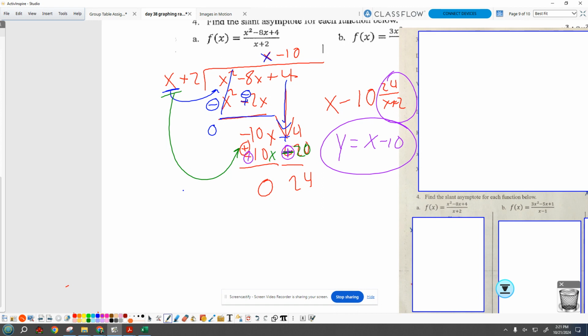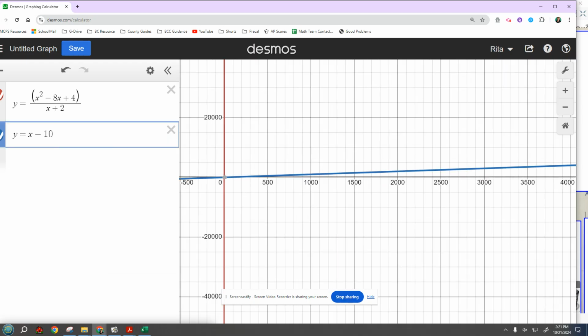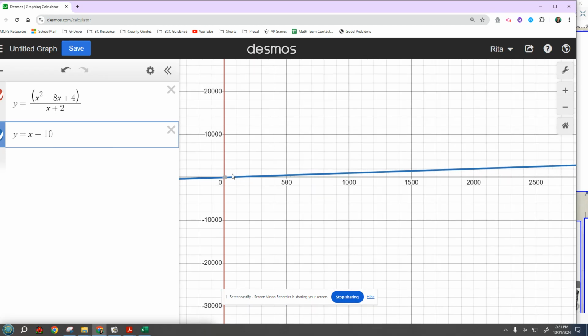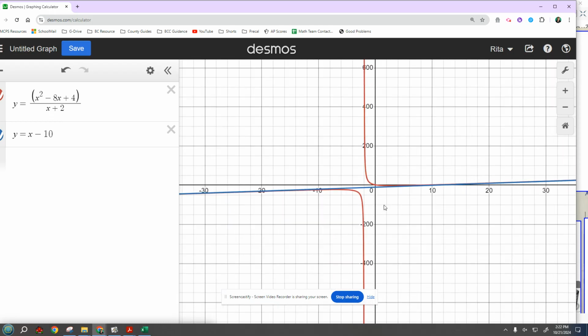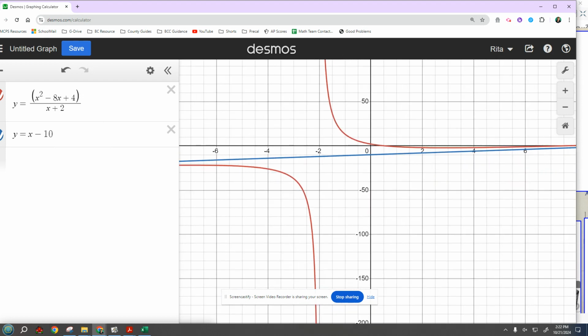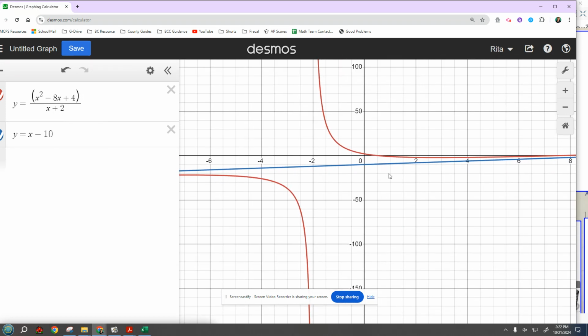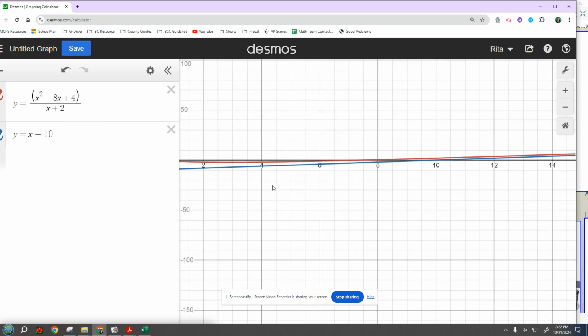Visually, what it means is, does it look like the red and the blue line are approaching each other once we go out here?